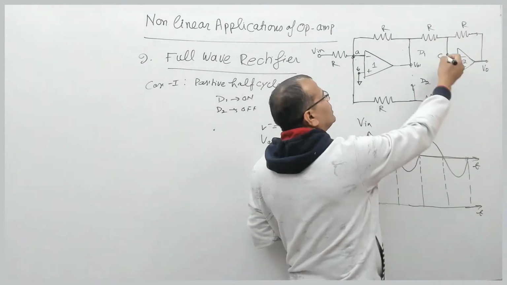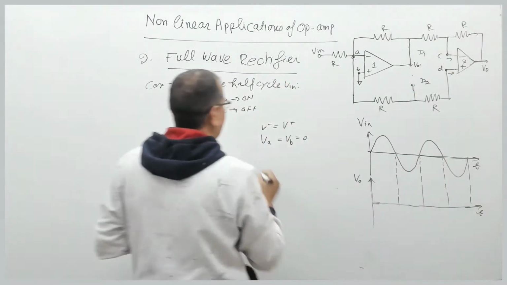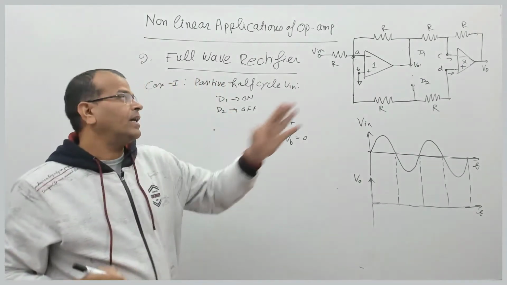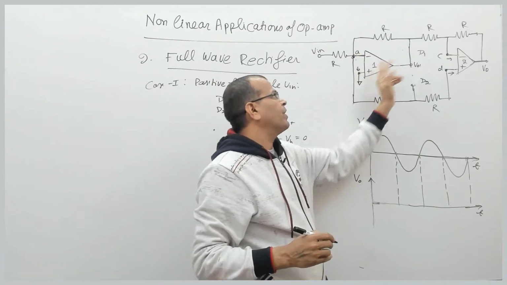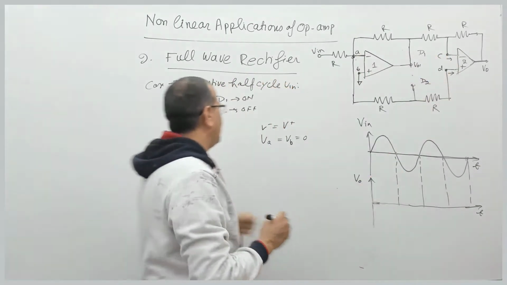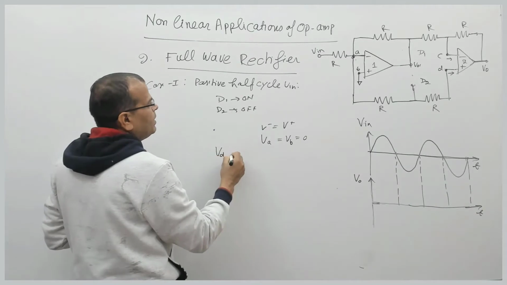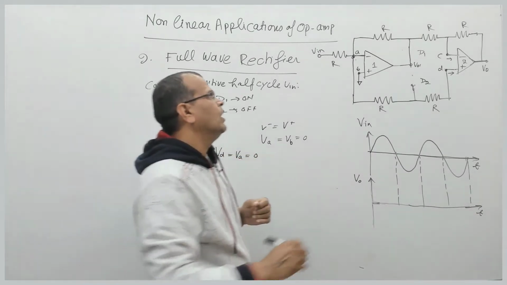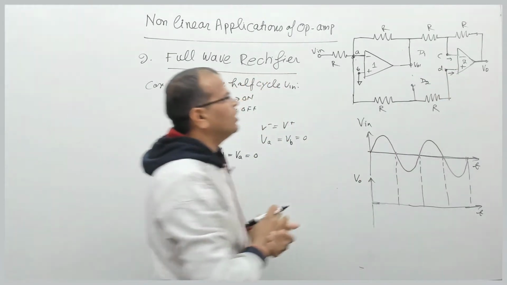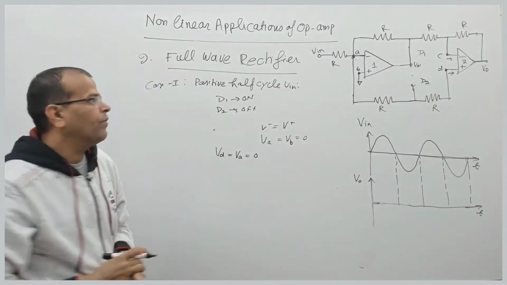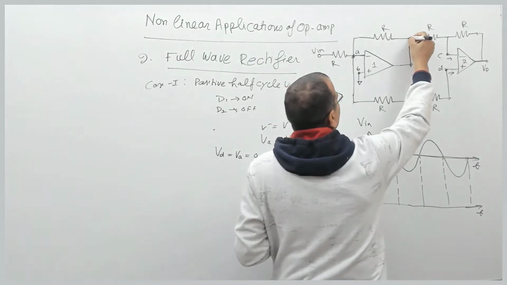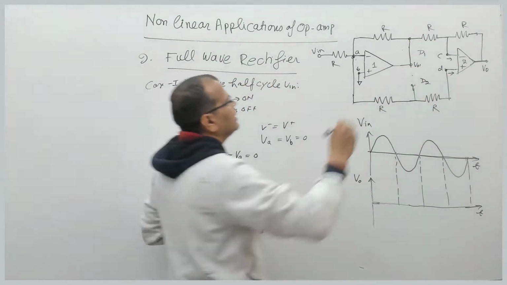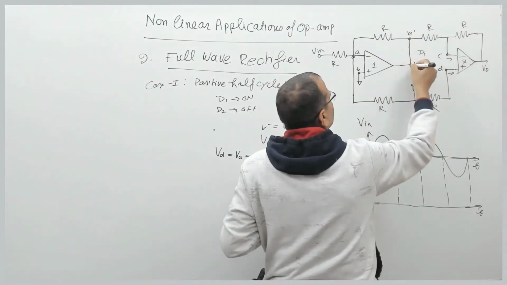For an ideal op-amp, the biasing current entering the inverting and non-inverting terminals is 0, so the voltage at node D will be the same as the voltage at node A, and that is 0. Fine. Now see it carefully. What will be the voltage at this node, say this is node E, or you can say V01.